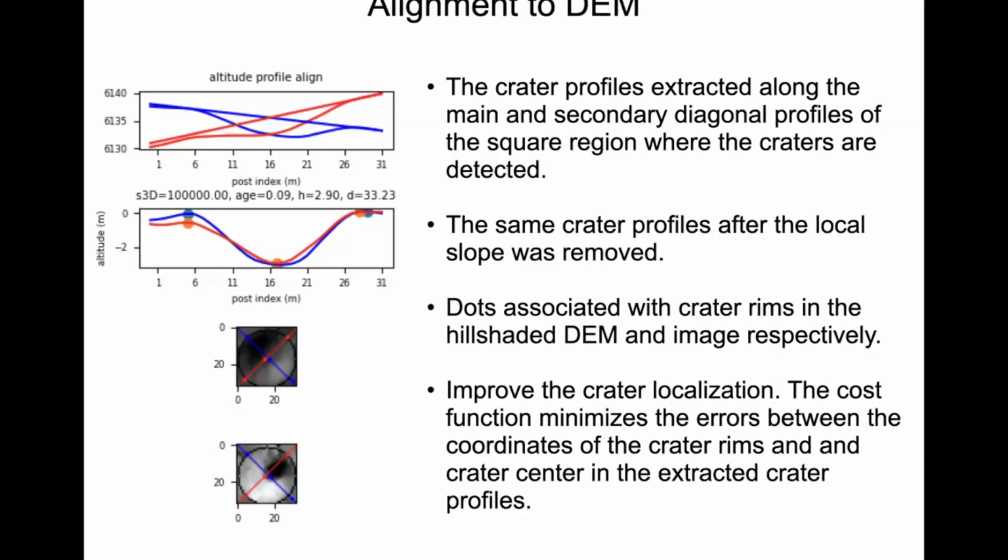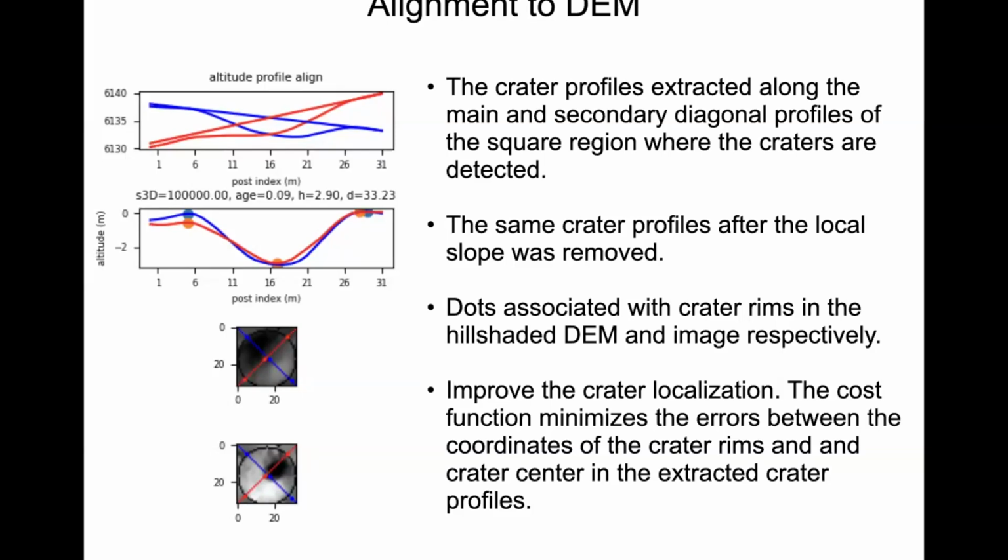crater. We have two profiles here, the image on the left side. On the top, we have the profiles along the first and the second diagonal of the detected crater. Sometimes the crater is on a slope. In order to detect the rims and the center of the crater, first we get rid of the slope.